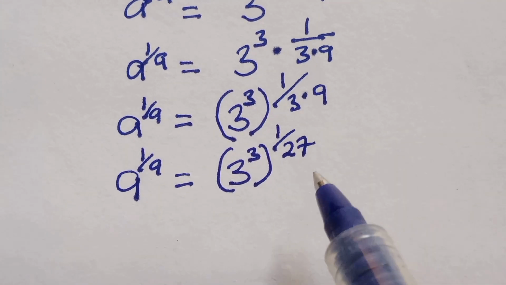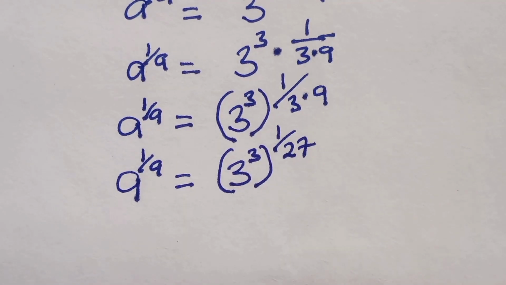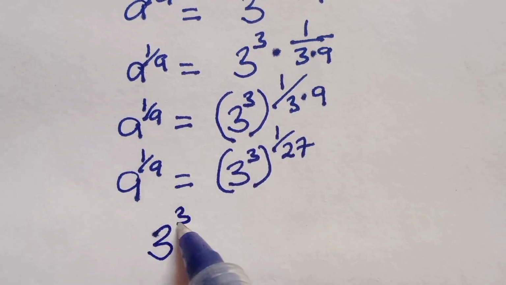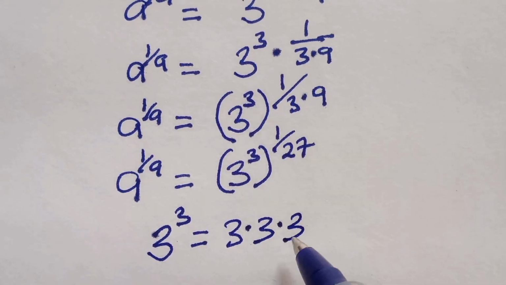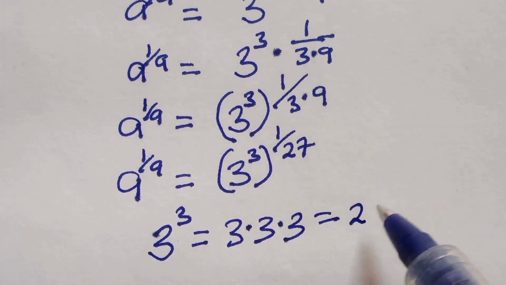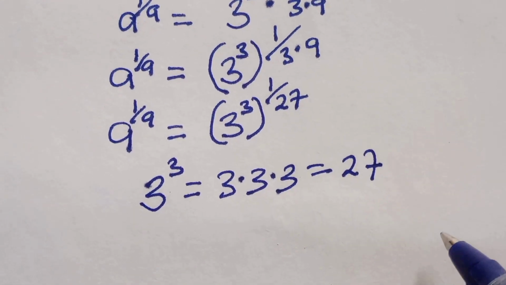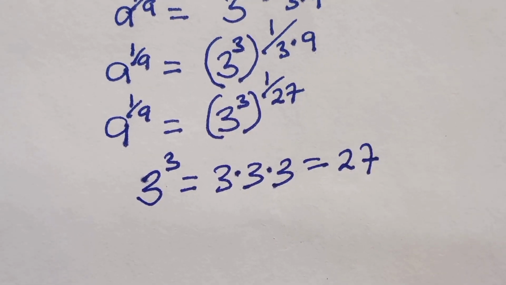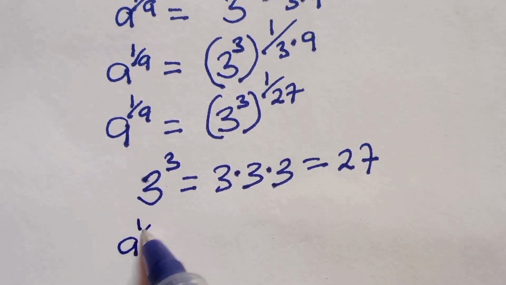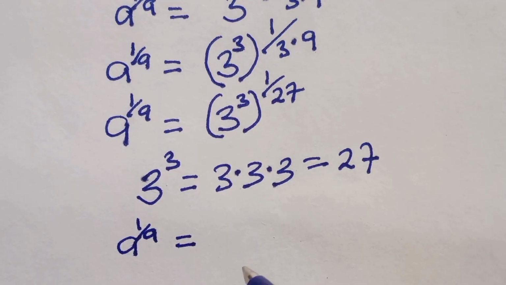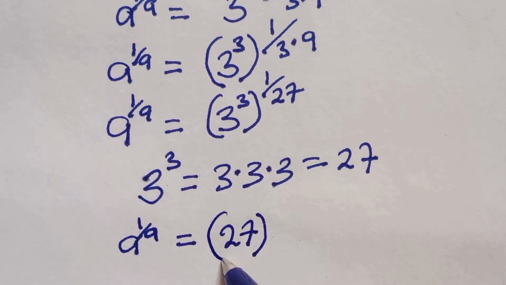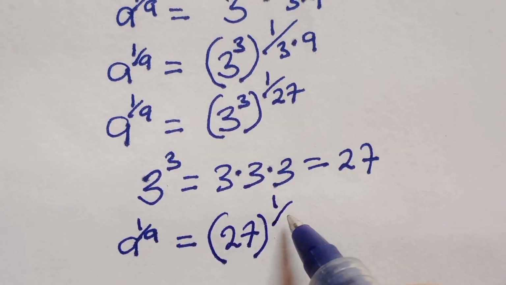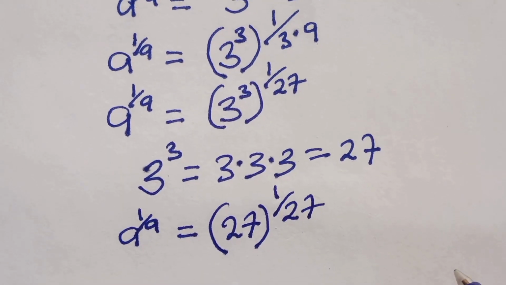So once you understand it up to this stage, because 3 raised power 3 simply means 3 times 3 times 3, and it's equal to 27. So therefore, we will now have a raised power 1 over a to now be equal to 27 raised power 1 over 27.